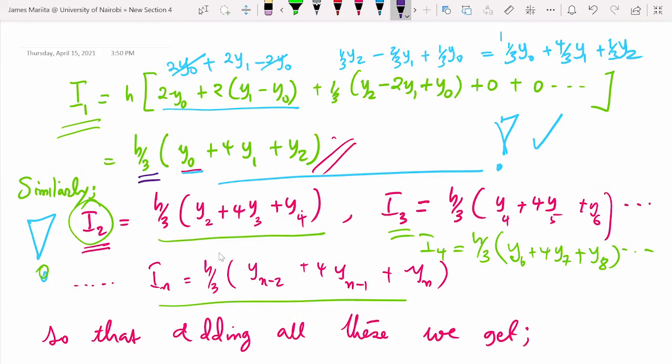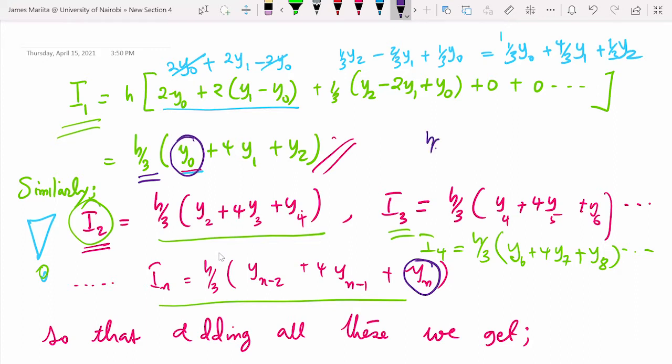So for I2, we have h over 3 (y2 plus 4y3 plus y4). So you look at this for y0, and the yn, of course, in In, we are going to have yn. This will just be h over 3 y0 plus h over 3 yn.